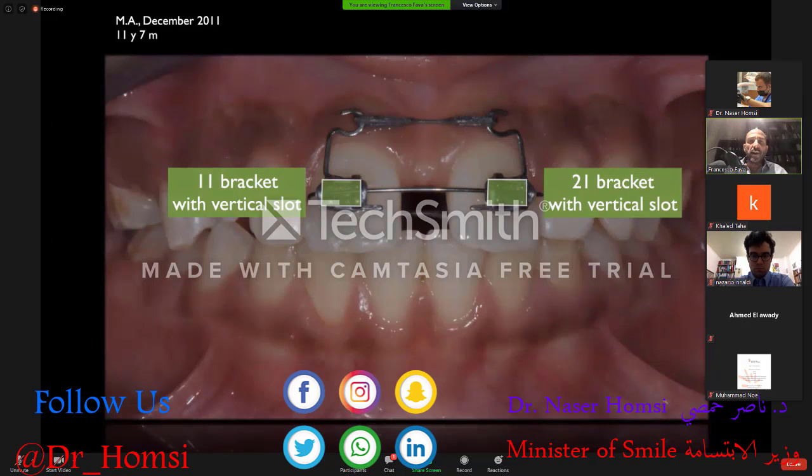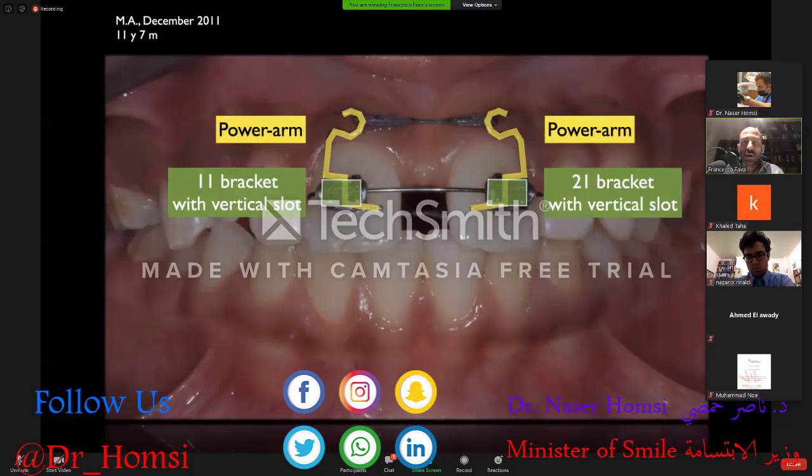We have a bracket for the upper incisor with a vertical slot underneath the main 22x28 slot, and in the vertical slot we have a power arm that allows us to apply an elastic power chain at the same height as the center of resistance of the upper incisors.